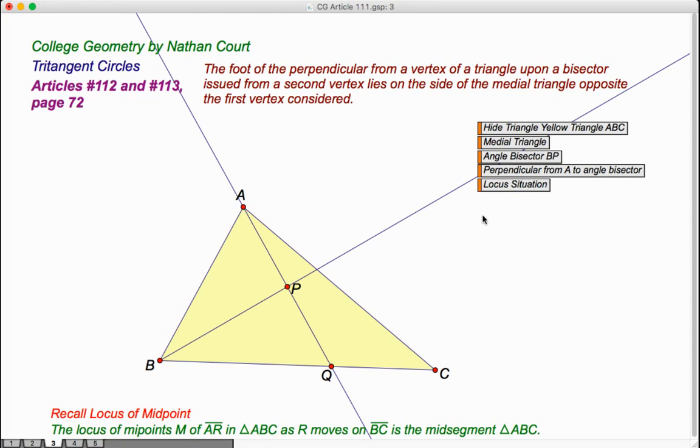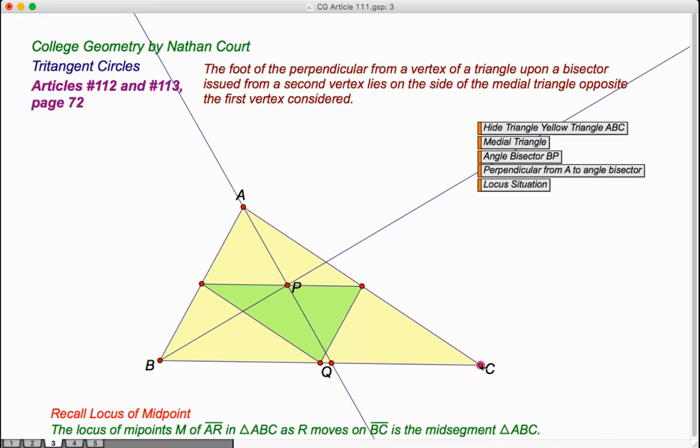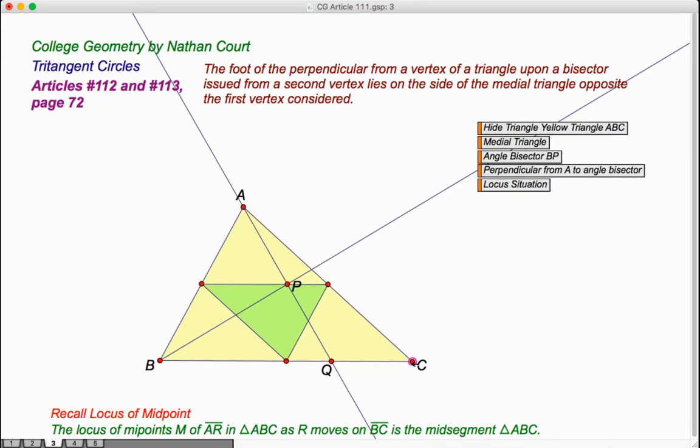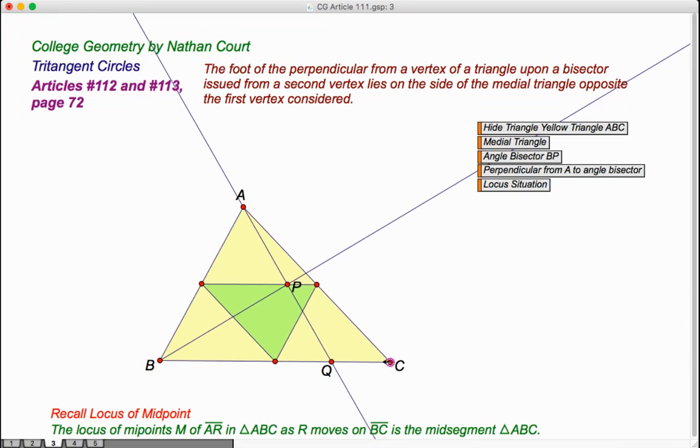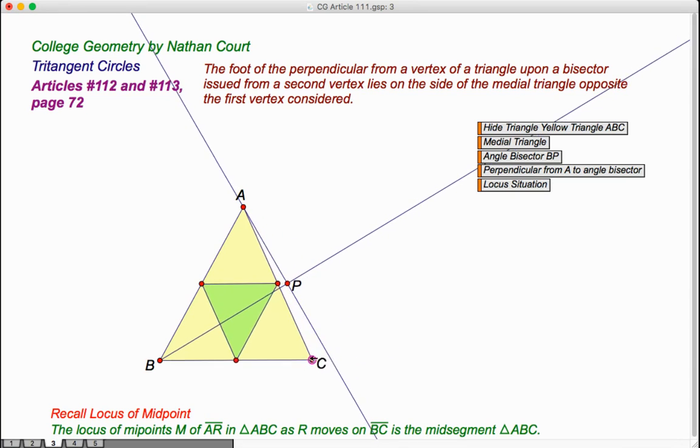So let's consider that. The medial triangle of the yellow triangle is this. So you notice that as I drag point C, point P lies on this side of the triangle. Oh, that's what it means. Now, if I drag it a little bit further here, oh, wait a minute.